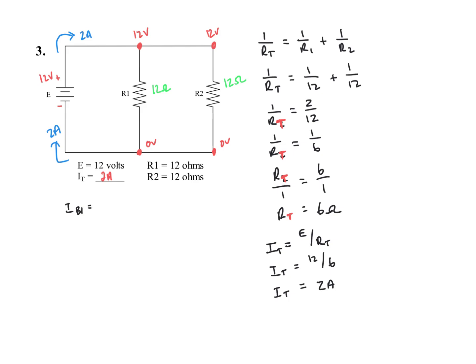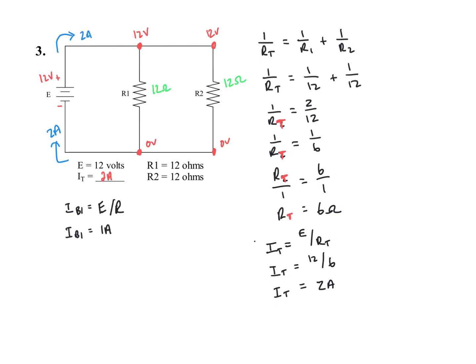Okay, and so this would be what voltage times resistance. No, divided by resistance for Ohm's law, which would be 12 divided by 12 or 1 amp, right?